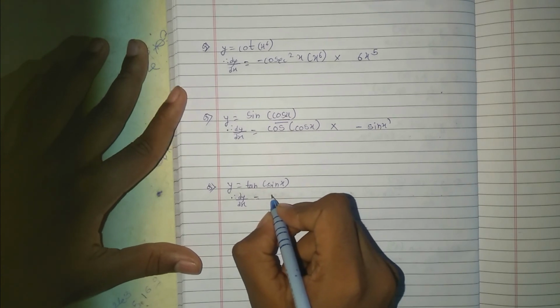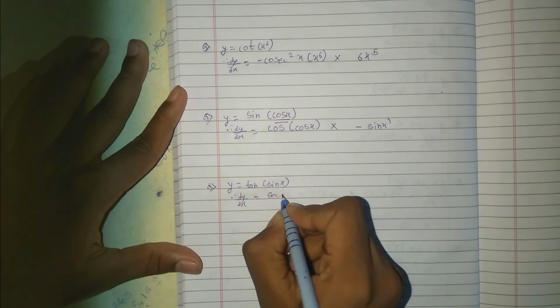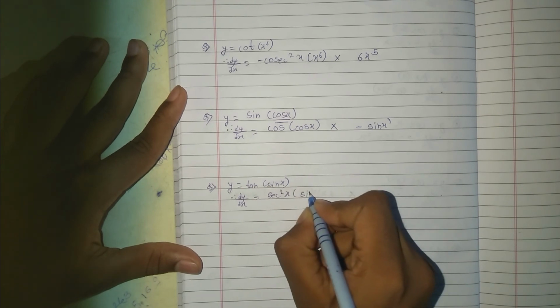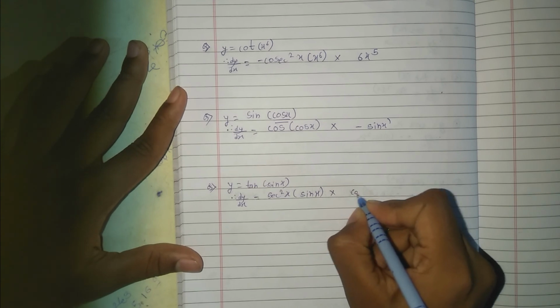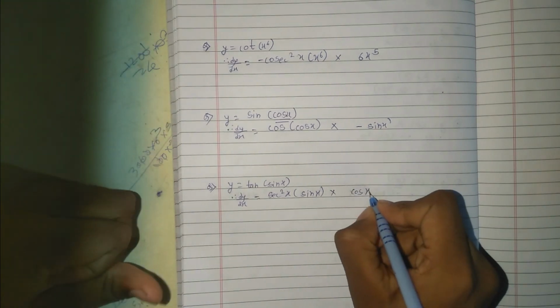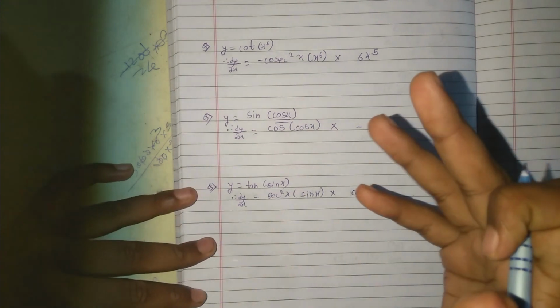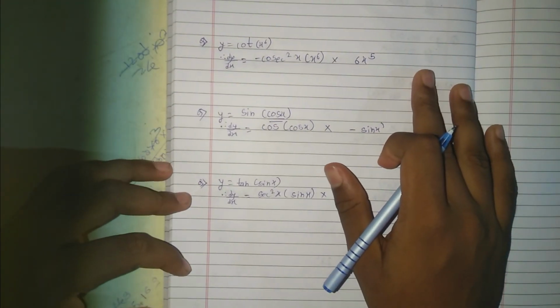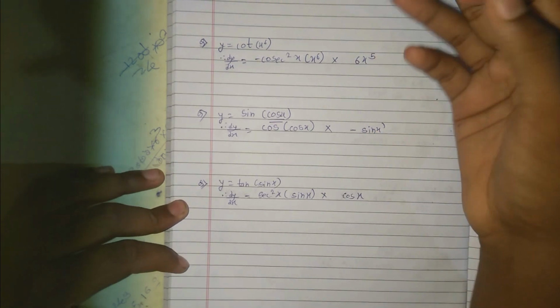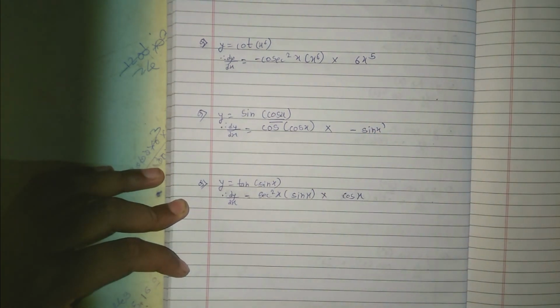We know tan's derivative is sec square x, bracket remains the same. Now take the derivative of sin x, which is equal to cos x. Done. This we learned in today's lecture. Thank you. We will learn about the next trigonometric formulas later. Thank you.